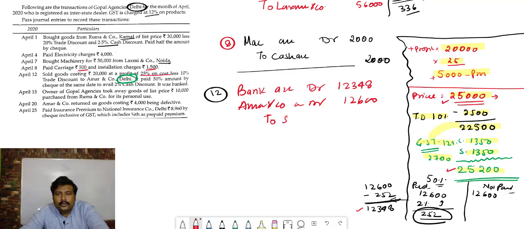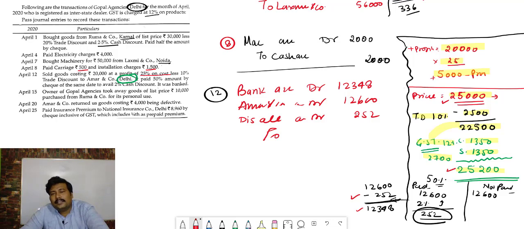Then total sales. Before sales, what do we have to adjust? We have to adjust the discount we had given. The discount we had given is a type of loss for us. So discount allowed account debit 252.